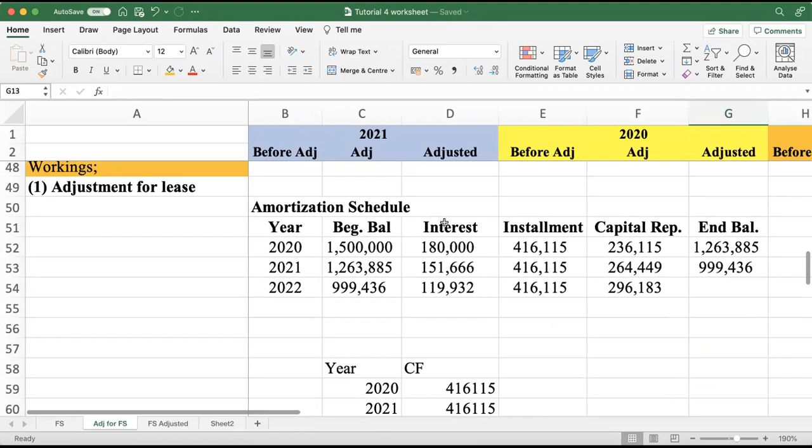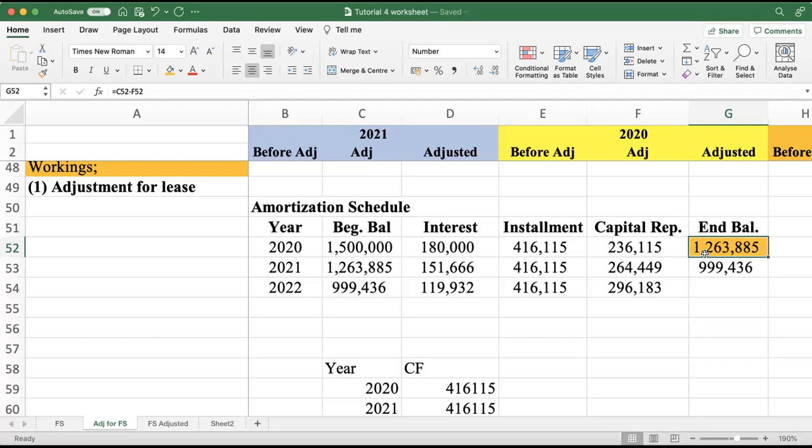Right. Now we have brought the interest. Then you need to bring the end balance. Now you see 2020 end balance 1,263,000. In thousands, 1,263 or 64.